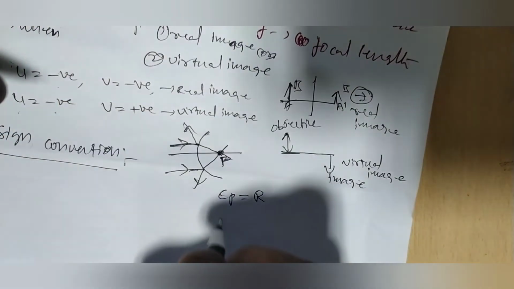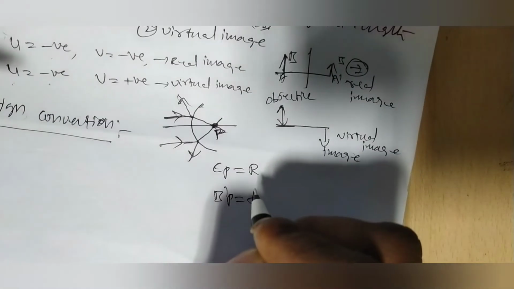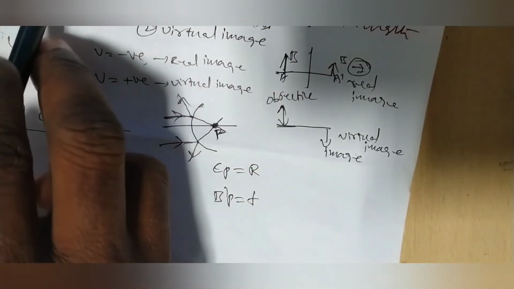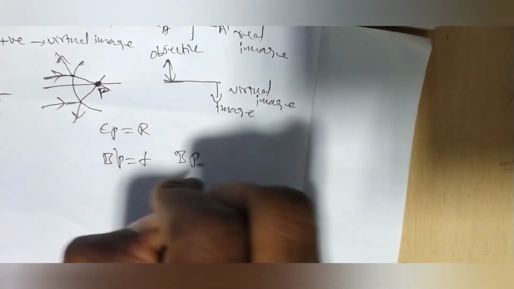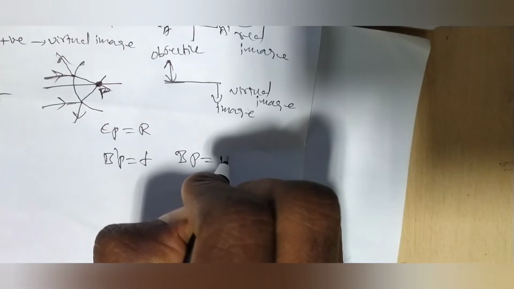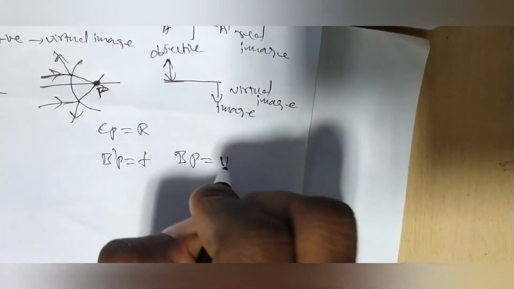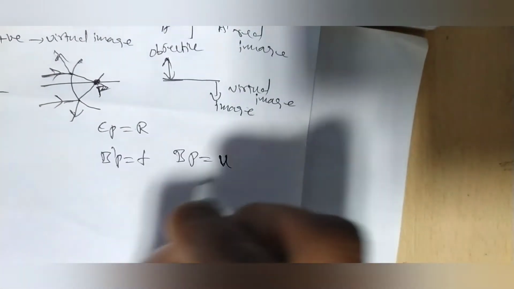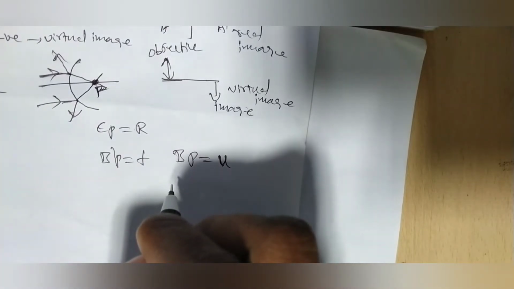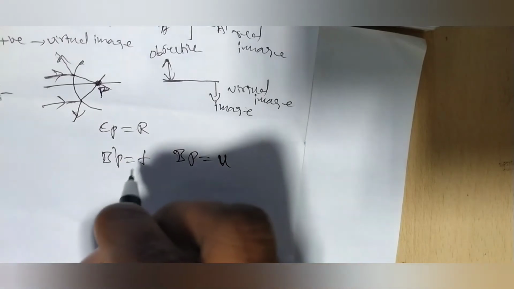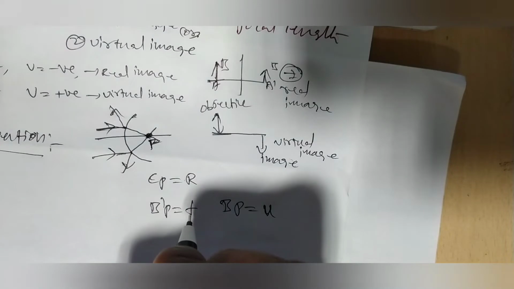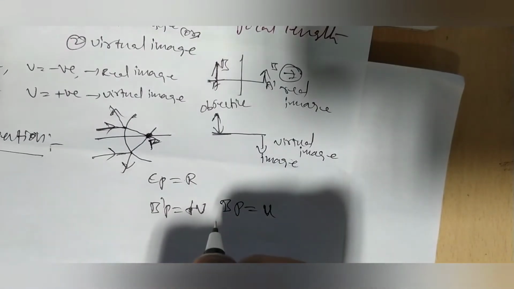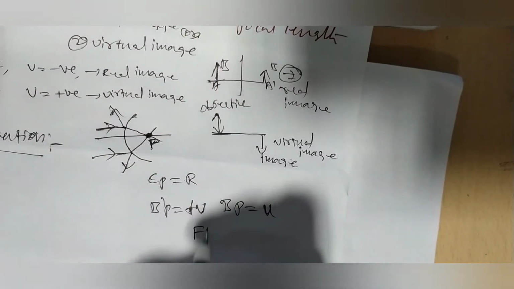B dash P is the focal length, and object to pole, that is BP, is the object distance, which is U. Next, B dash P, sorry, B dash P is the image distance, that is V. FP is the focal length.